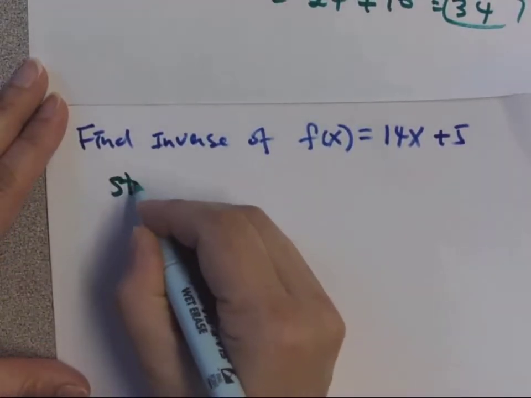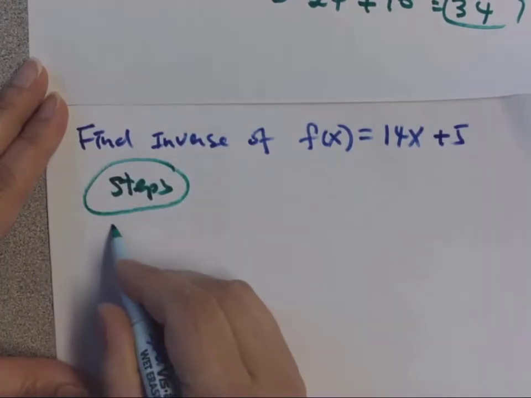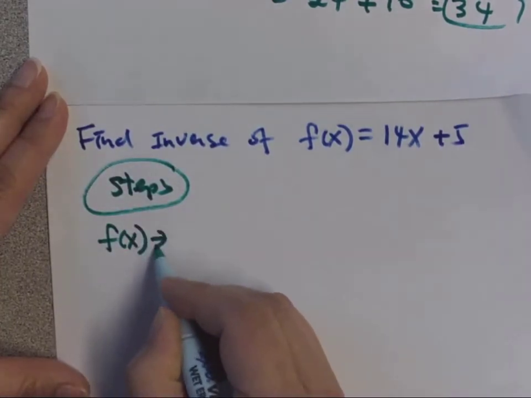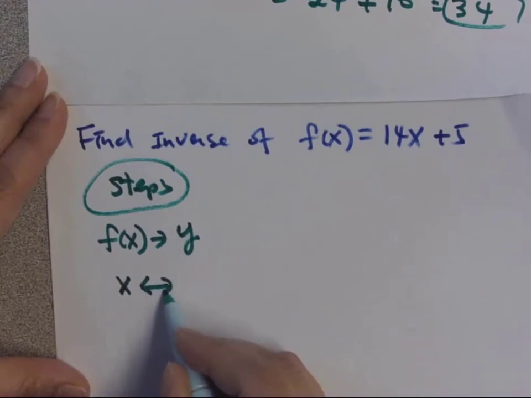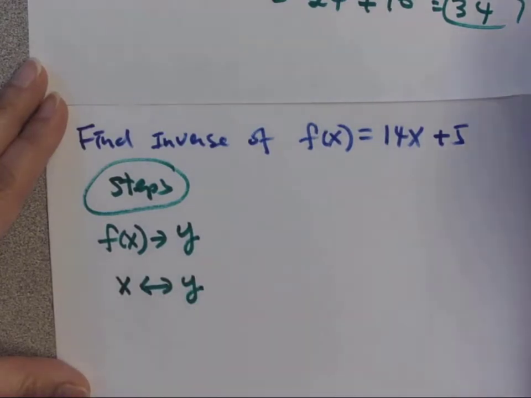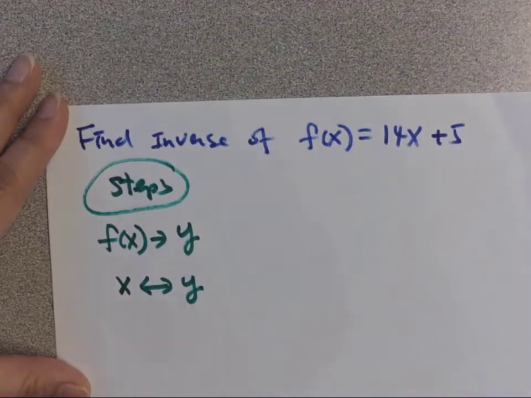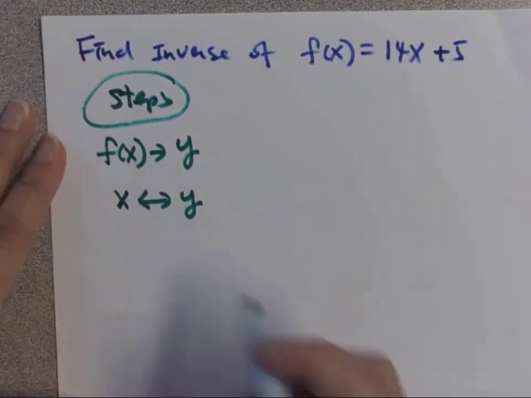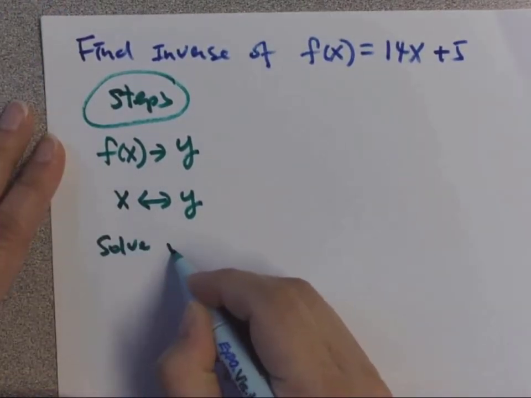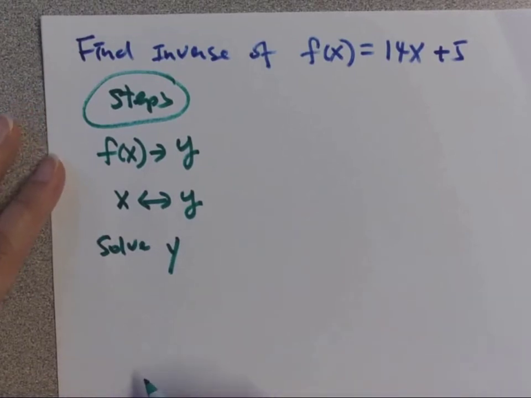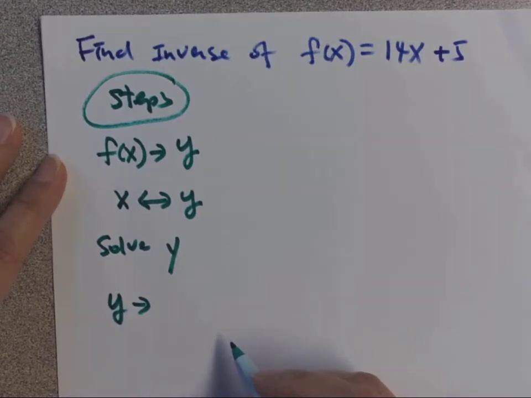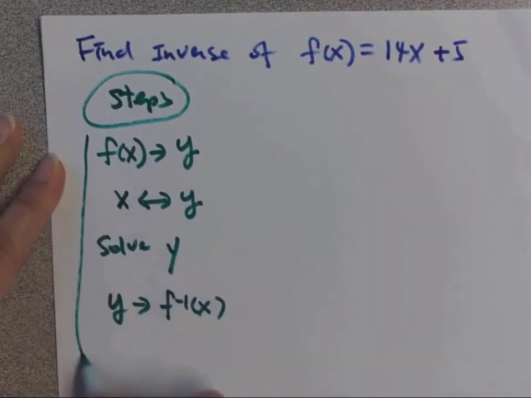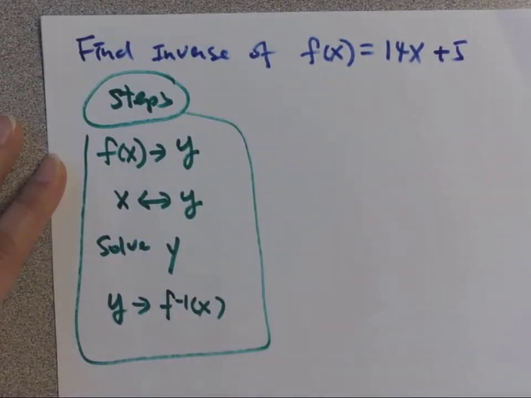So the steps are, first I'm going to switch my f of x to y, then switch x and y to make an inverse. And then I need to solve for y to get a function form, and then the y finally needs to be replaced by the inverse of the function. Okay, so go ahead and change the first step.